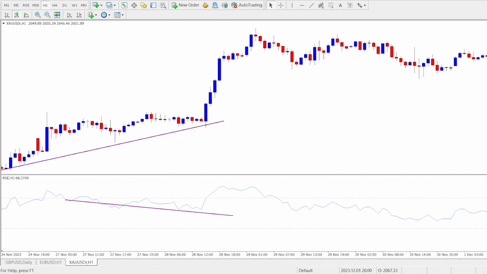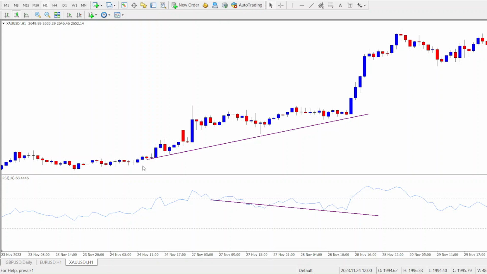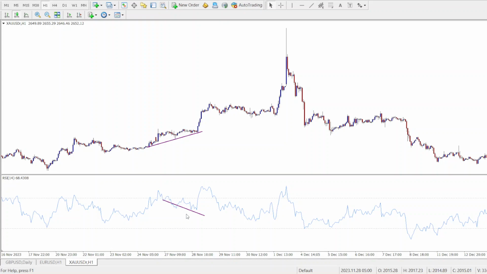Okay, now we've already set up the RSI on our chart, and I've showed you an example. Let's just zoom out a bit. We can see that the trend actually continued for a while after the hidden divergence formed, and it was about a week later that the trend reversed.